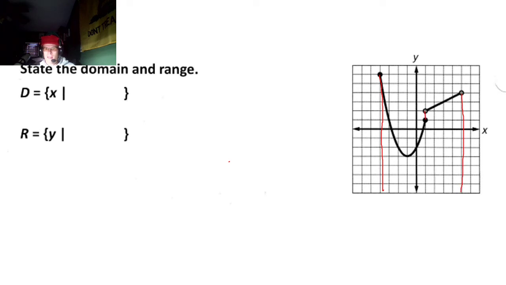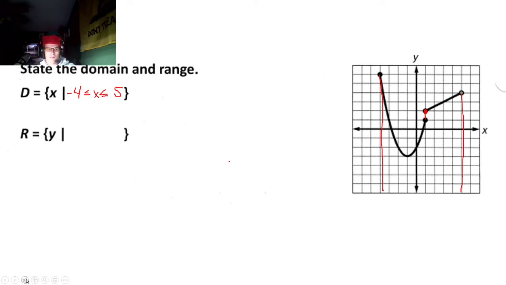Now this number is still included in the set despite the fact that it's part of a different line, so we can include that. X such that -4 is less than or equal to x is less than or equal to 5. Because all of this is part of your domain, okay? Part of your x values, your set of x values.